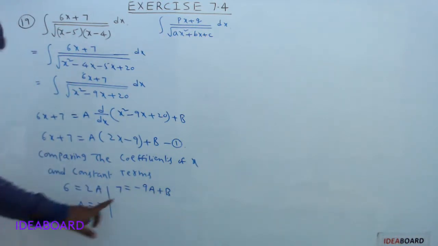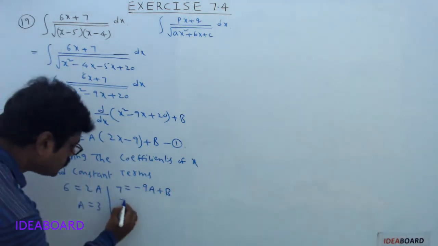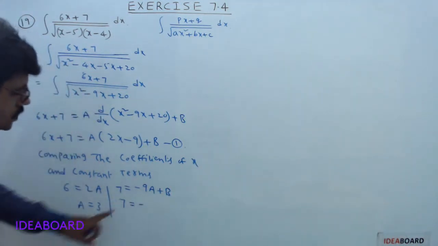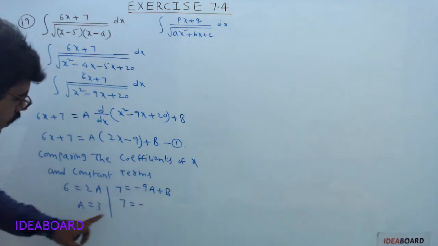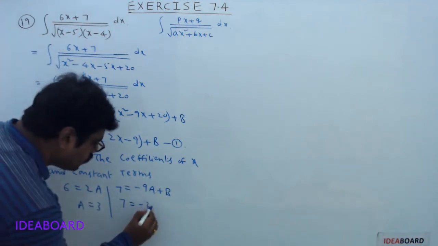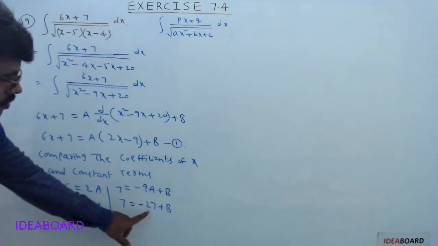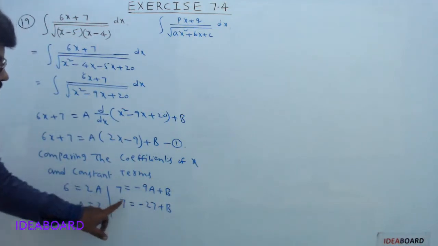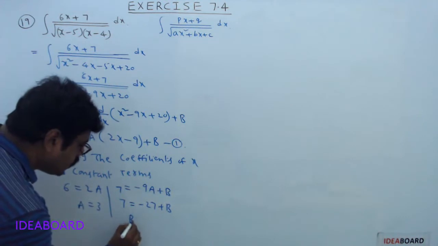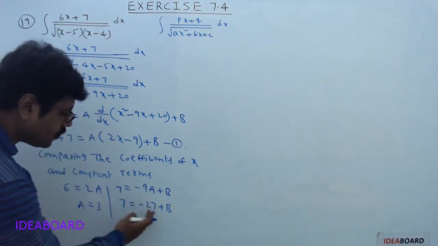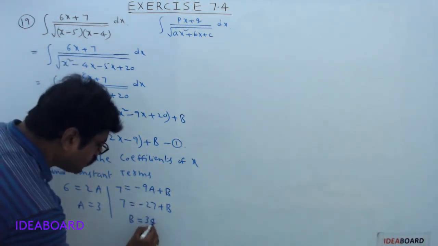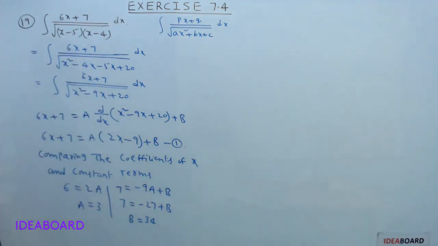Now substitute this a value in this equation. 7 equal to minus 9 into a, 9 into 3 is 27, so minus 27 plus b. Bring this minus 27 from RHS to LHS. So b equals 7 plus 27, that is 34.